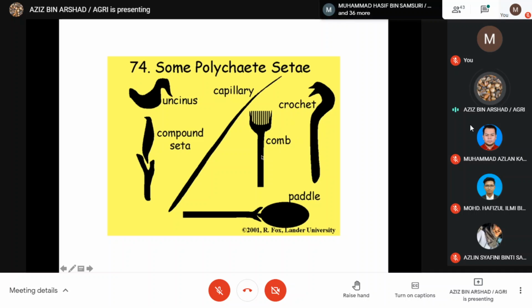It can be in the form of a crochet, it can be like a comb, it can be capillary like hair, it can be paddle-like, or it can be compound seta and also uncinus. So they are different. No need to remember this, but this is just to show the variation that you see in the animal that is used by taxonomists to identify the species.